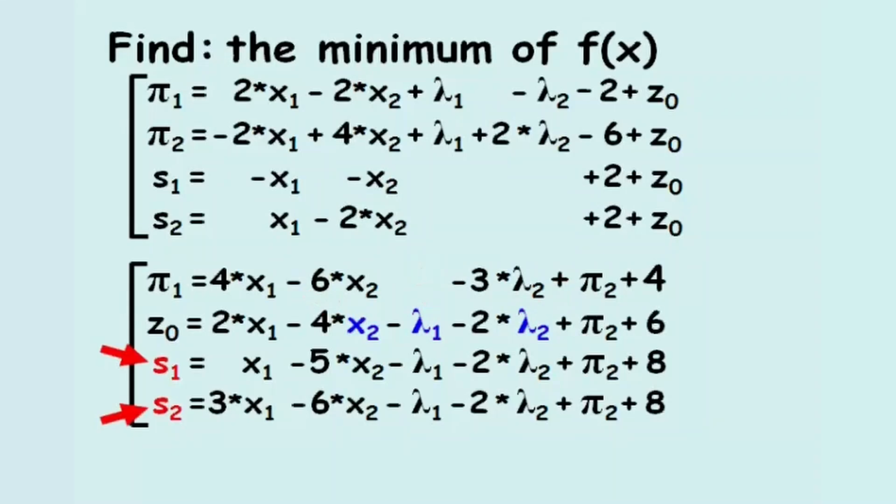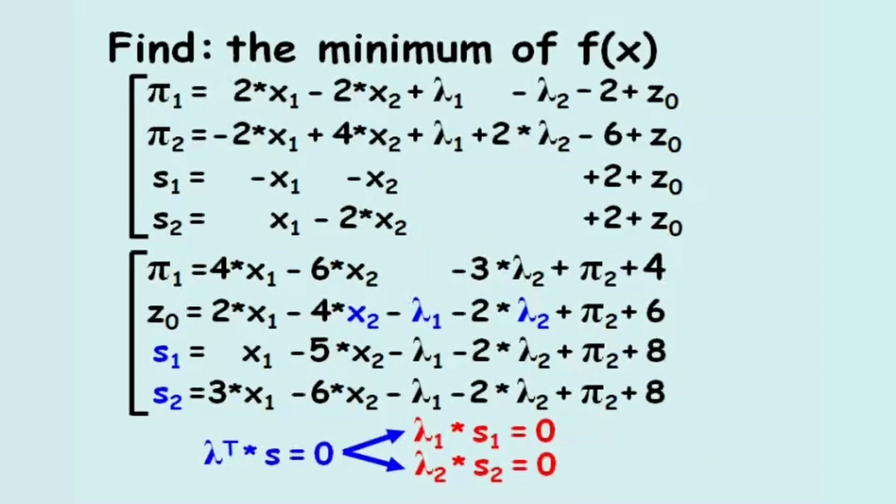However, since variables s1 and s2 are already basic, then from complementary slackness, variables lambda 1 and lambda 2 cannot become basic and must remain equal to 0. Therefore, we'll choose non-basic variable x2 to enter the basis.